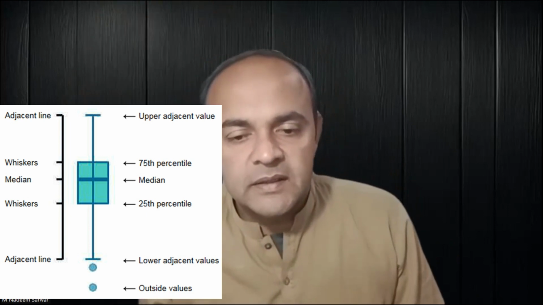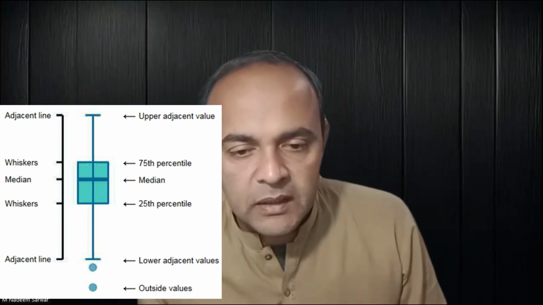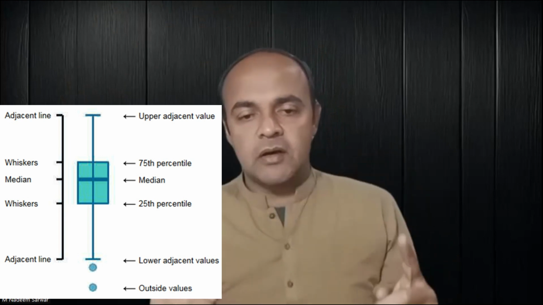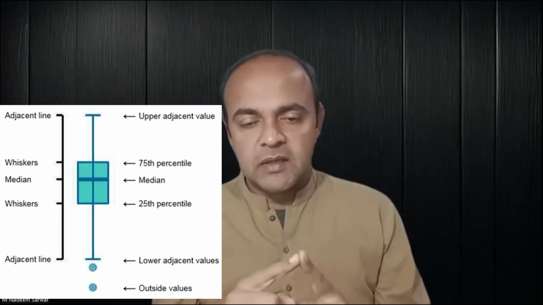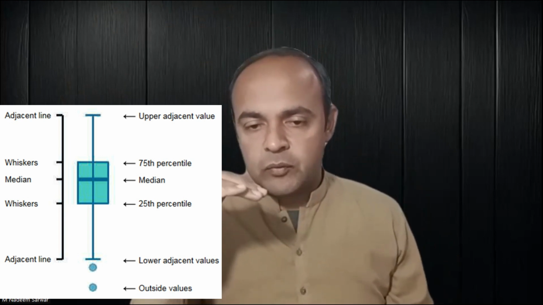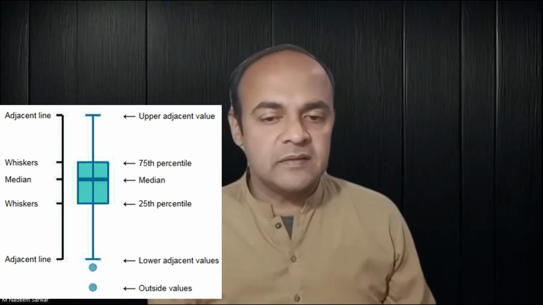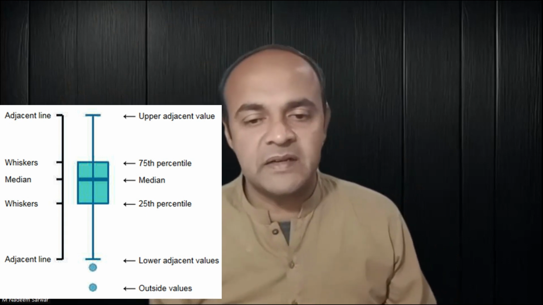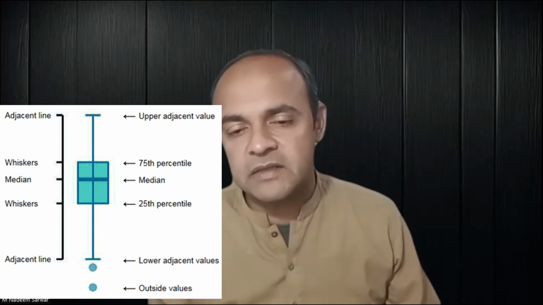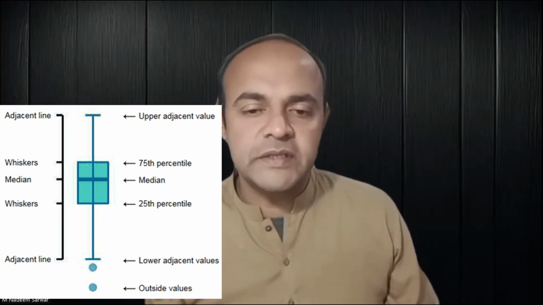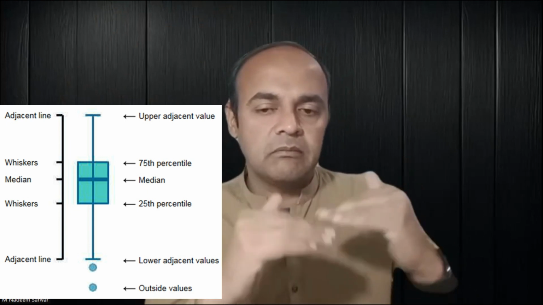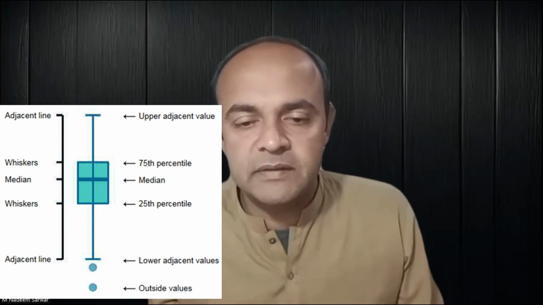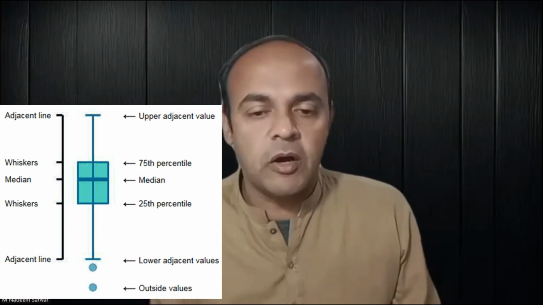Then the boundary line of this box gives us the 25th percentile, that is Q1, the first quartile, and the 75th percentile, which is Q3. So that marks the boundary line of this box.